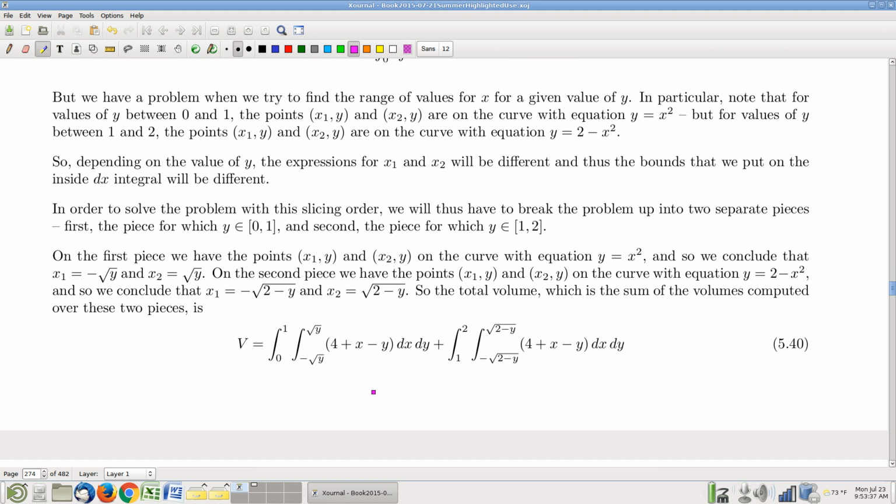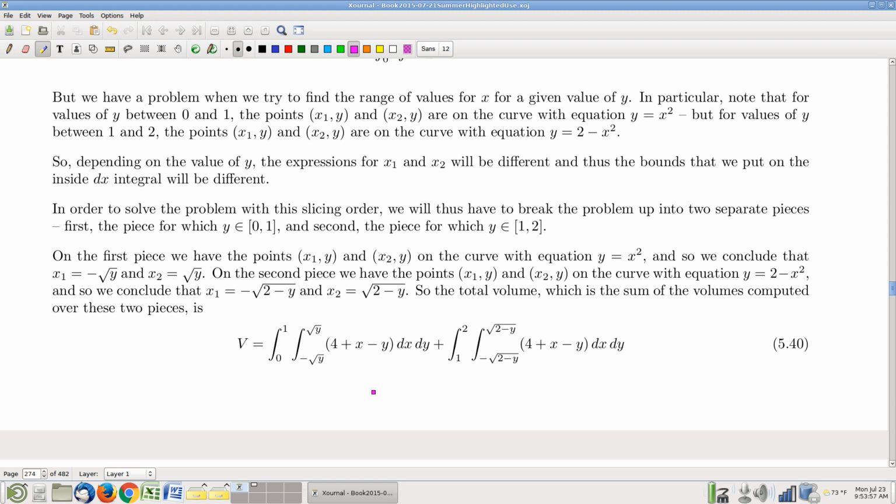Now, let me caution you against one thing. Some students decide, I always get confused slicing that other way, so I'm just going to always do it this one way. I want to always do dx on the inside, or I always want to do dy on the inside.